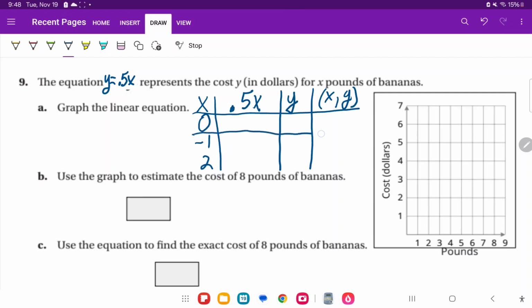And we do have to squeeze it in there a little bit this time. So that's going to be 0.5 times 0, which is 0. So my point is 0, 0. And then I'm going to have 0.5 times 1, which is, anything times 1 is that number, 0.5.